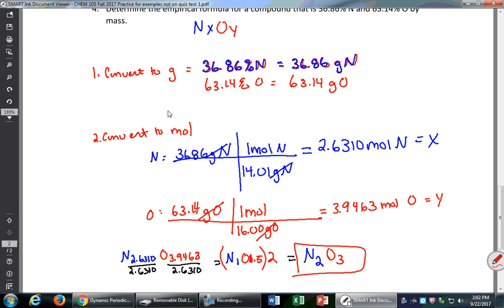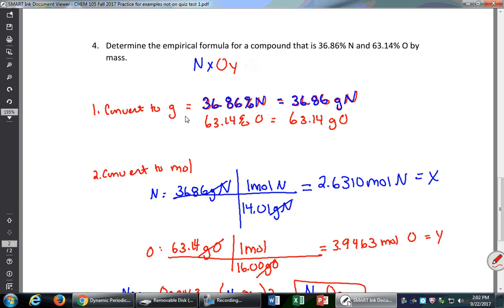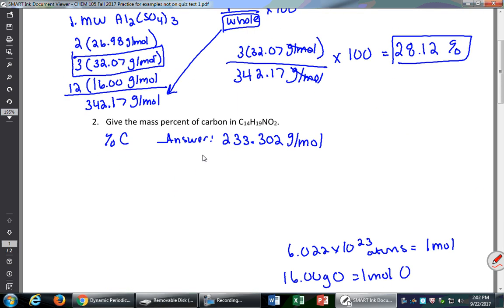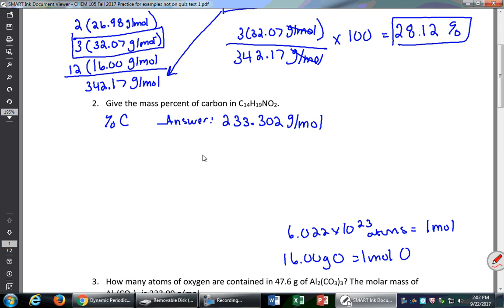Anyone have any other questions? Number 2, why is it in grams instead of percentage? What? Oh, I'm sorry. Let me see. Oh, that's going to be your total grams per mole.